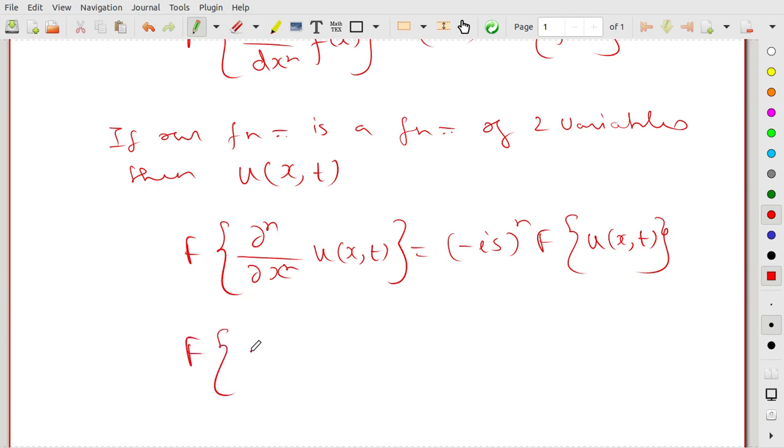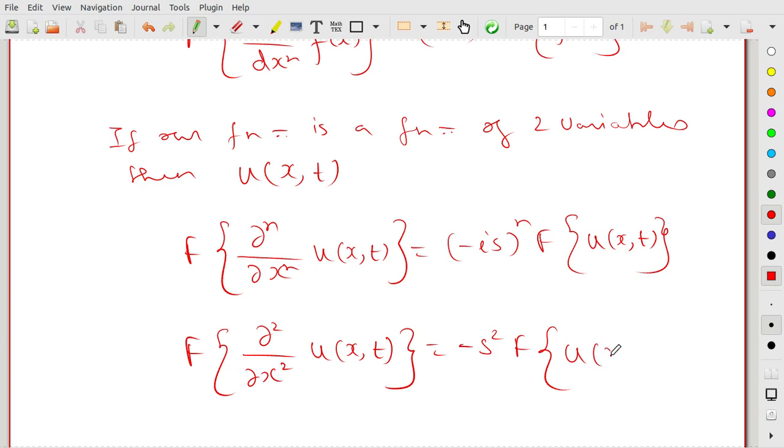Therefore the Fourier transform of dou square by dou x square of u of x comma t is equal to, here we have a 2, therefore minus is square becomes minus s square, Fourier transform of u, where u is a function of t. So this is the one formula we will be using again and again.